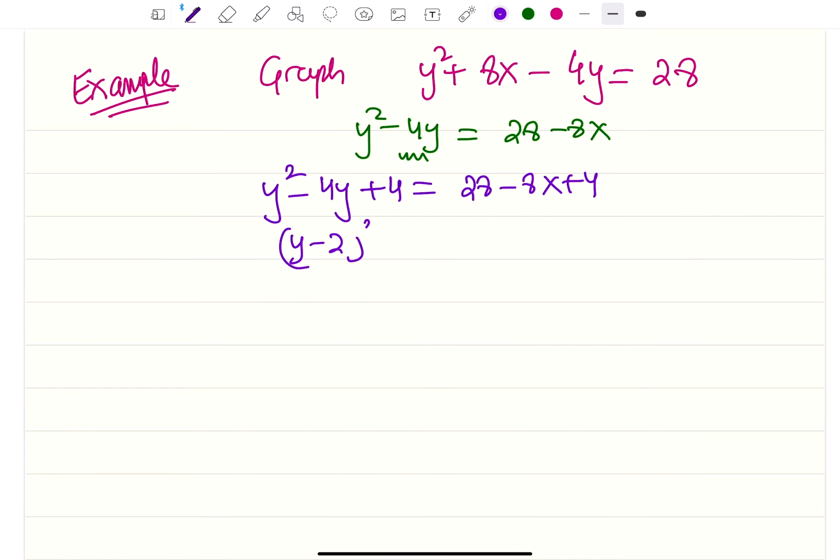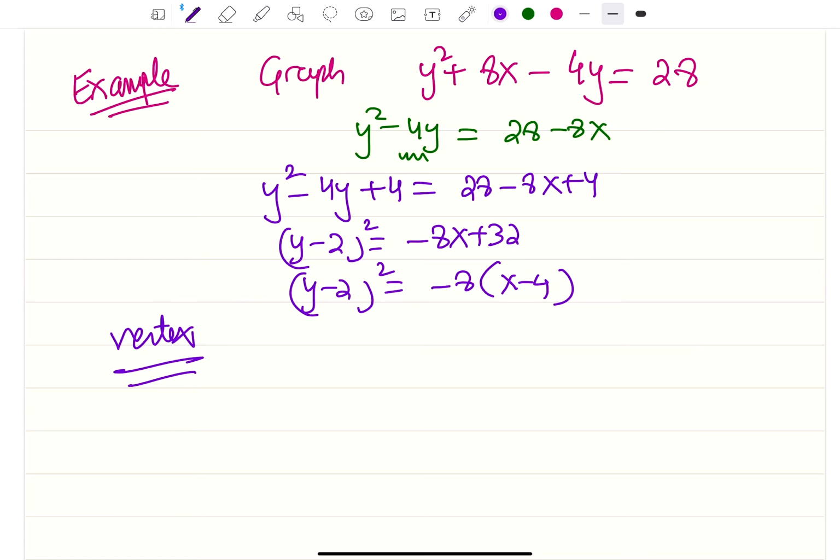Turns out to be y minus 2 squared equals -8x plus 32. Y minus 2 squared is, pulling out a -8, x minus 4. So that's a parabola with the vertex at 4 and 2.